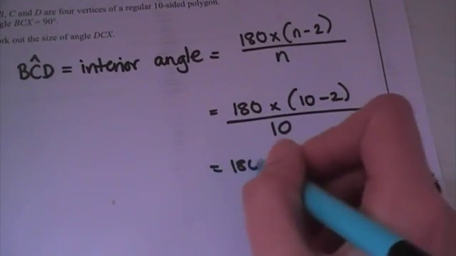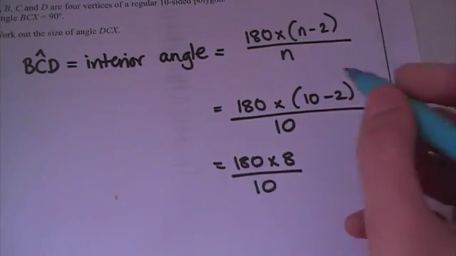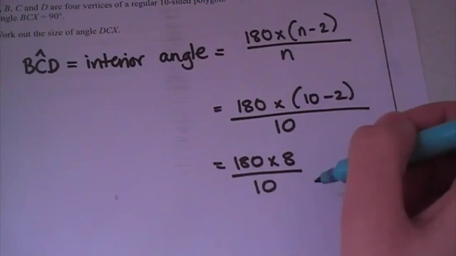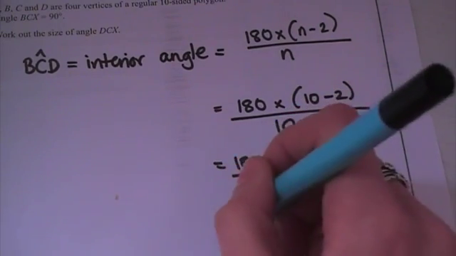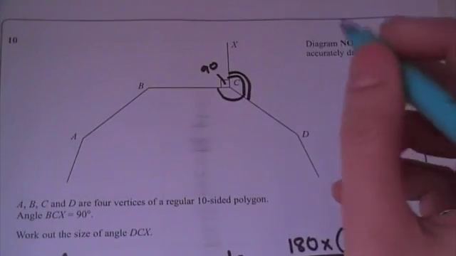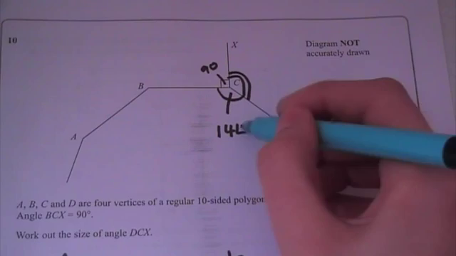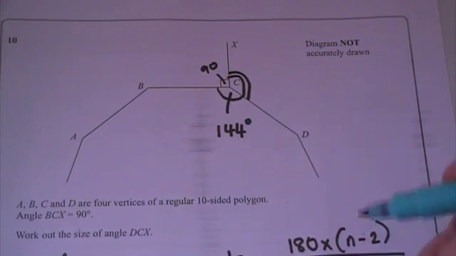So 180 times 8 divided by 10. It's no calculator, so you might use a lattice method for the top bit and then divide by 10. Either way, you will get to your answer of 144. So we've just worked out that interior angle as 144 degrees.